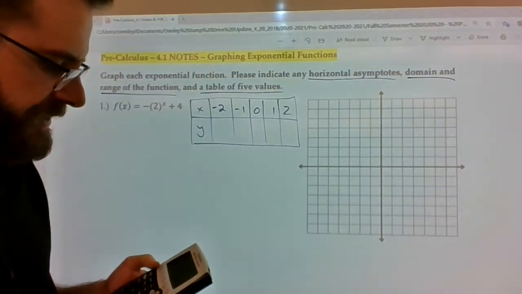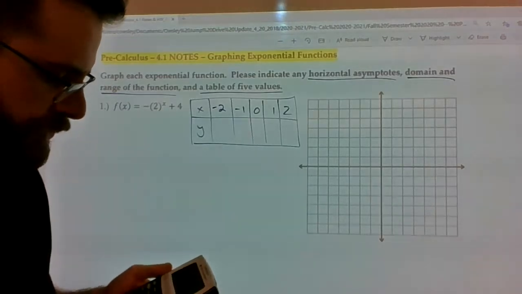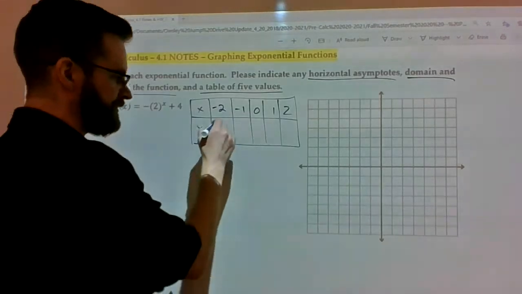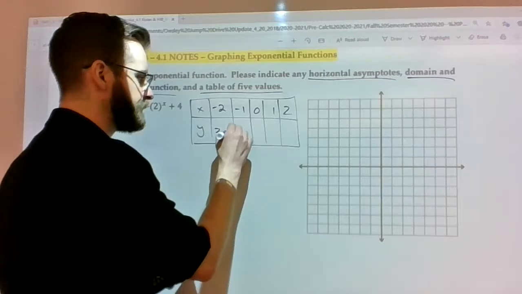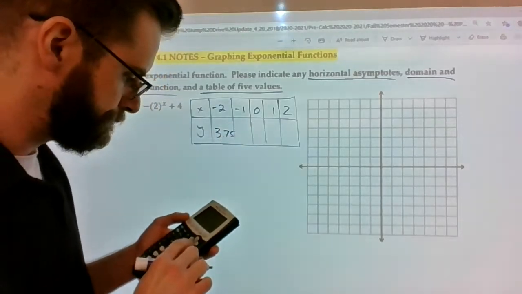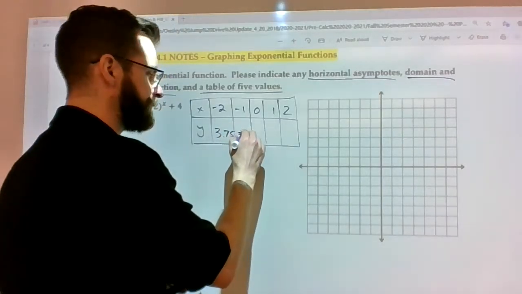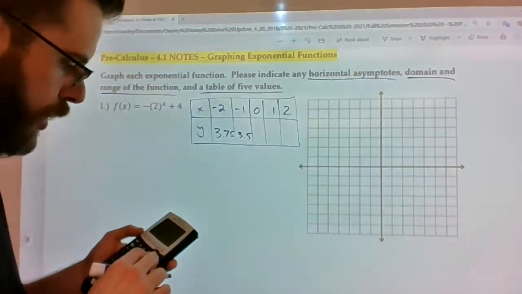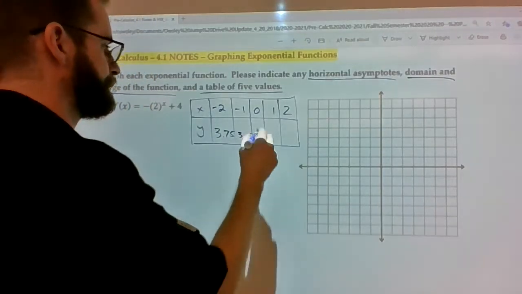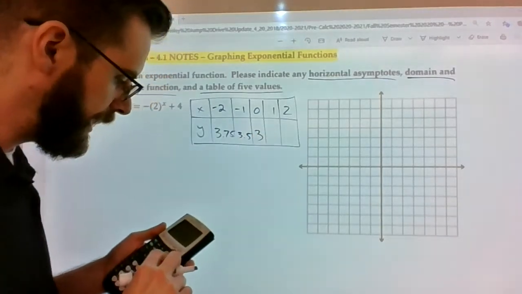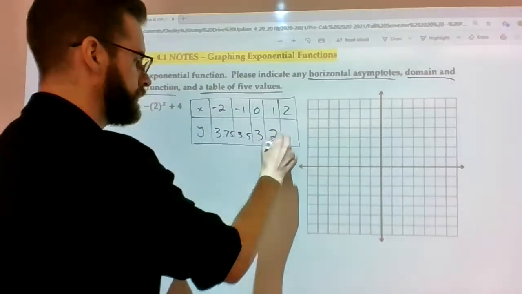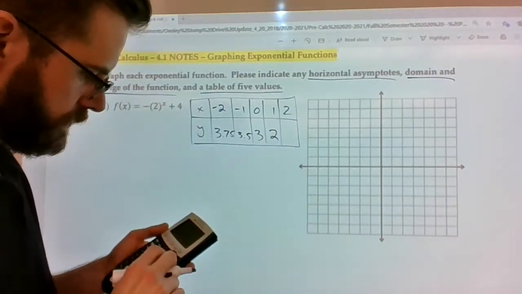All right, so when I go to the table on this, -2 corresponds to 3.75. -1, 3.5. 0, 3. 1, 2. 2, 0.